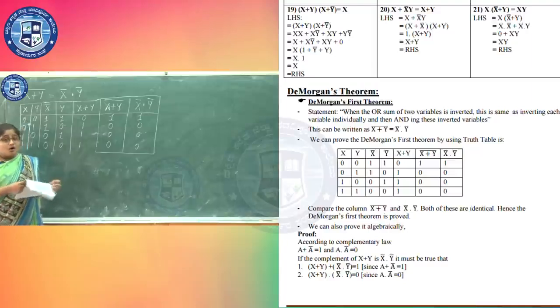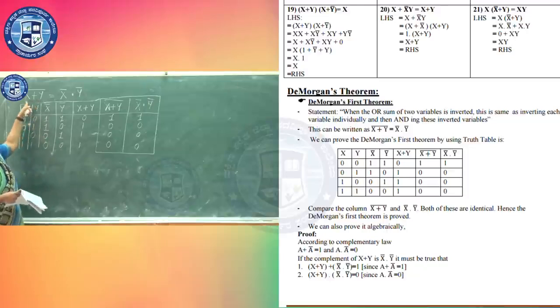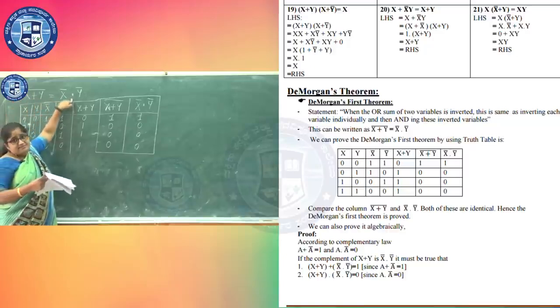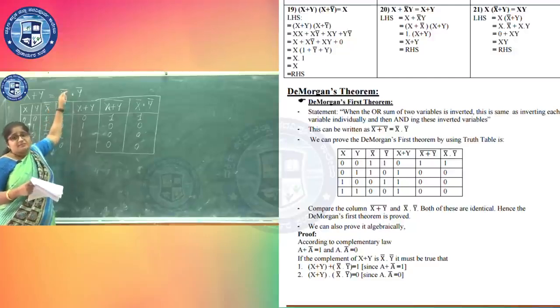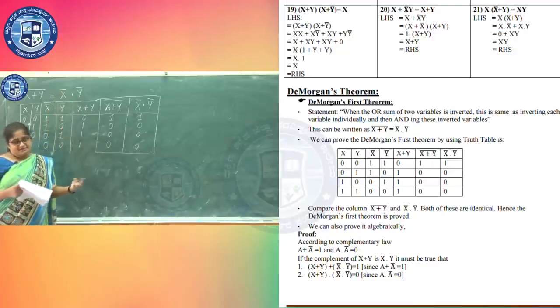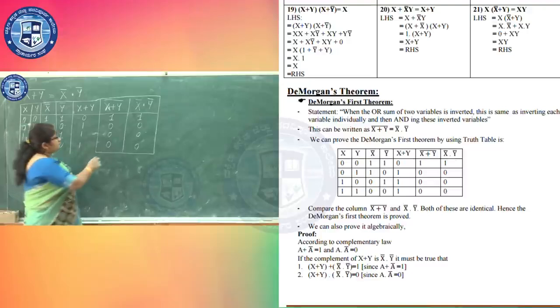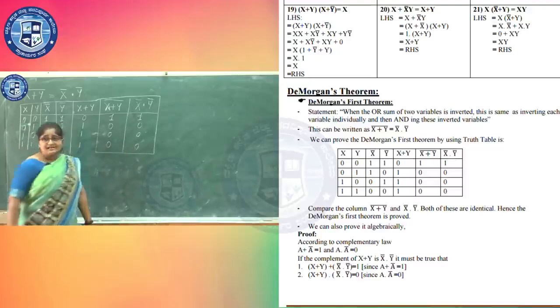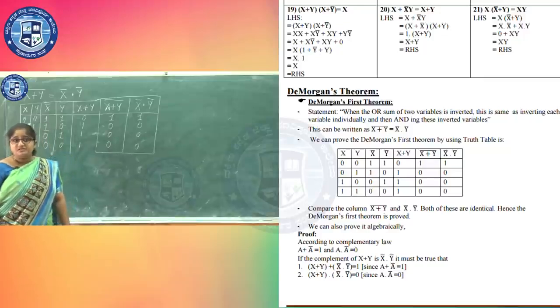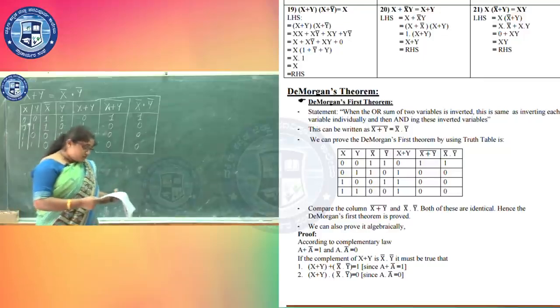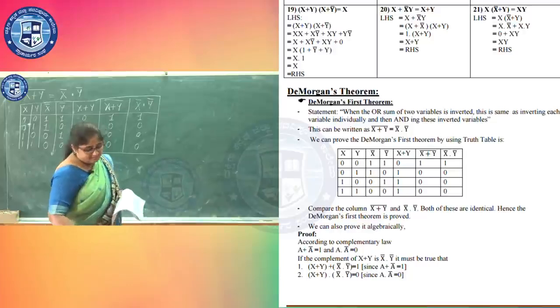When the OR sum of two variables is inverted, that is the same as inverting each variable and then ANDing it. So we have proved this since these two columns are identical, using the truth table, and we can also prove this algebraically.